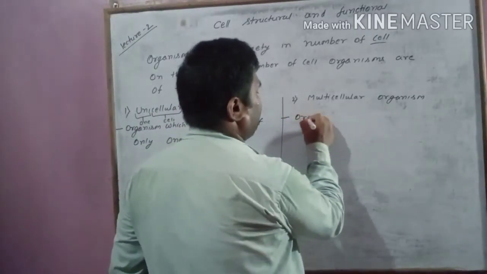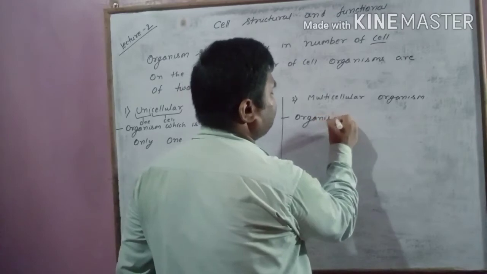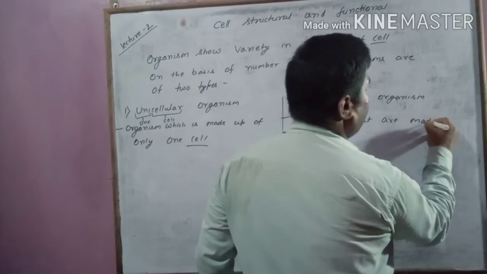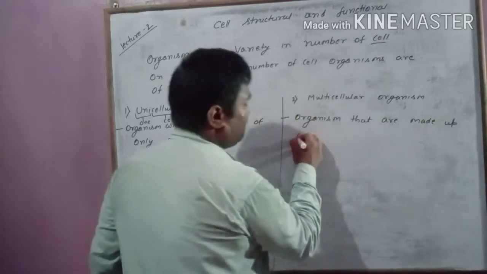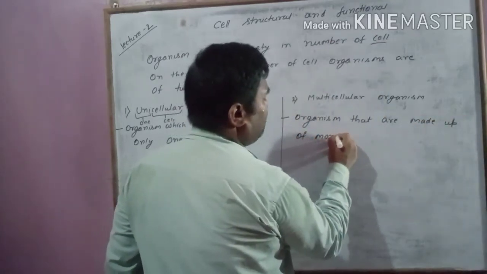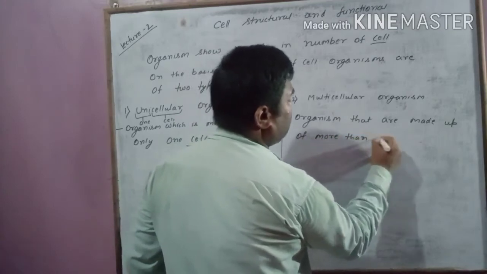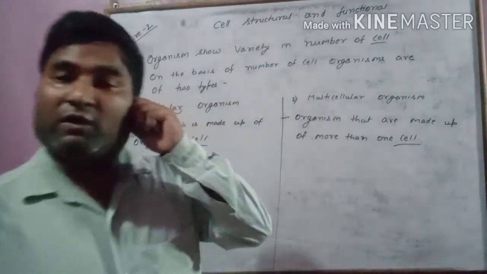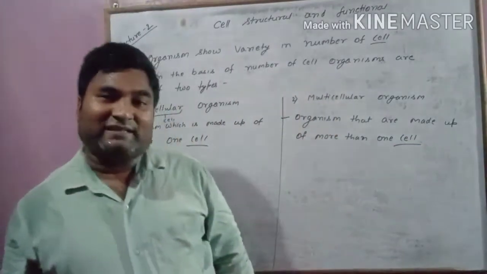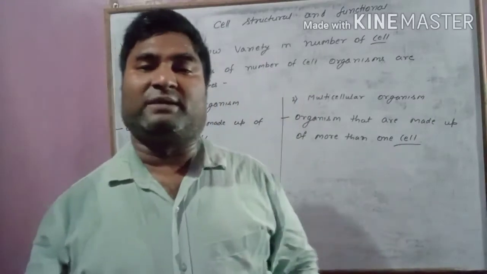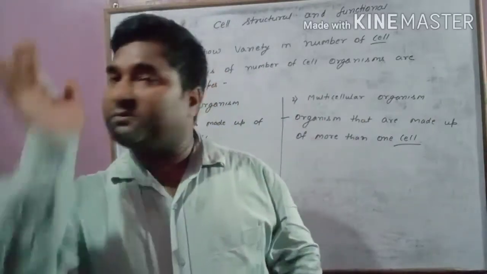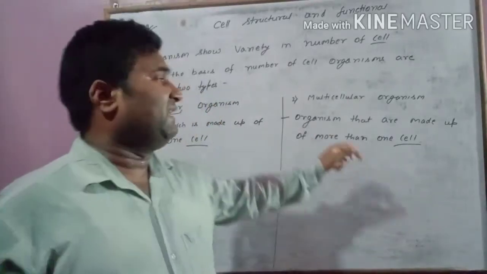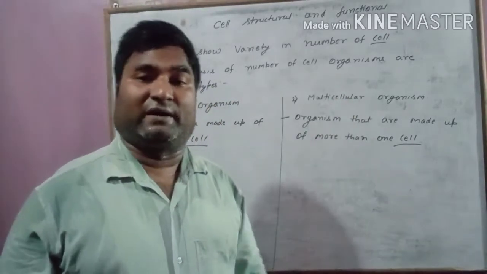Multicellular organisms are those that are made up of more than one cell. Whether the organism is simple or complex, if it is made up of more than one cell, then it is called a multicellular organism.